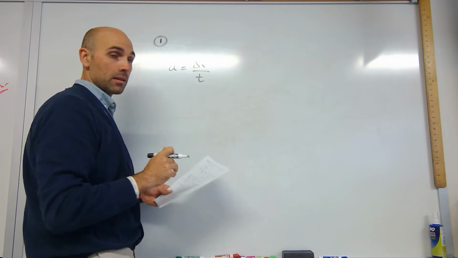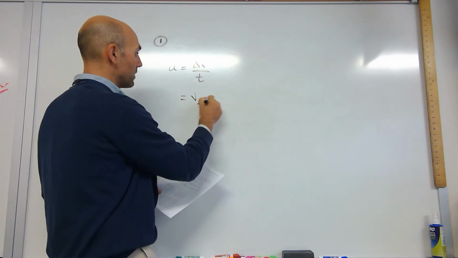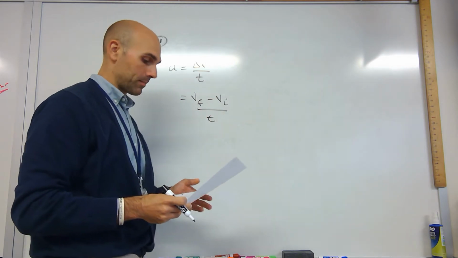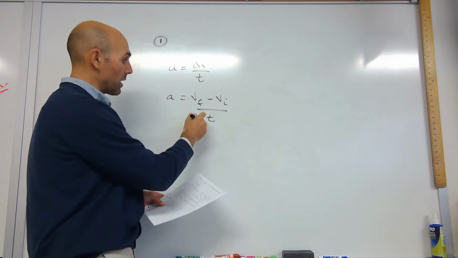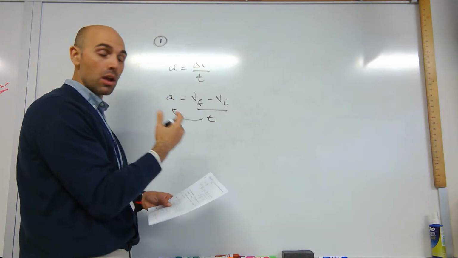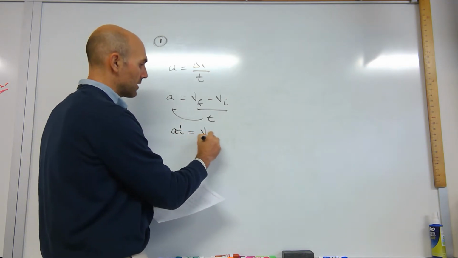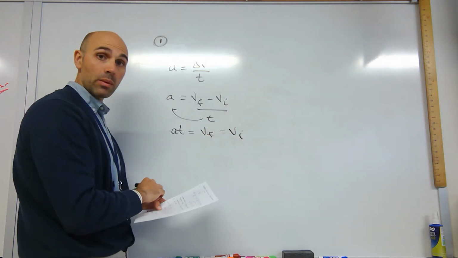From there, a change in velocity is really just the final velocity minus the initial velocity over time. We could rearrange this in such a way, we'll bring that t up there, we'll multiply it. We can rearrange this in such a way, a times t minus vi, that we get an equation.